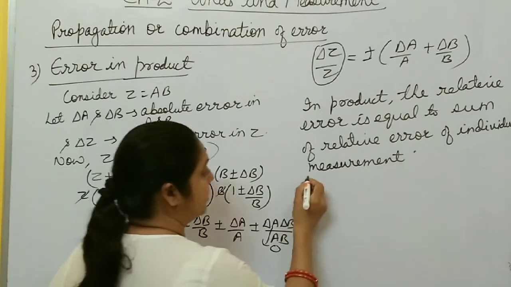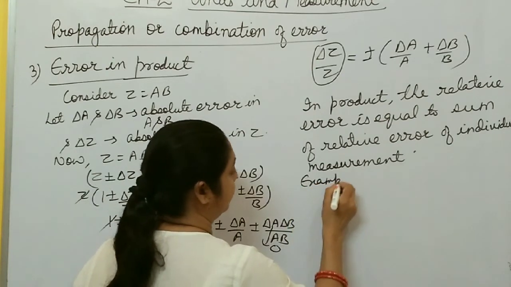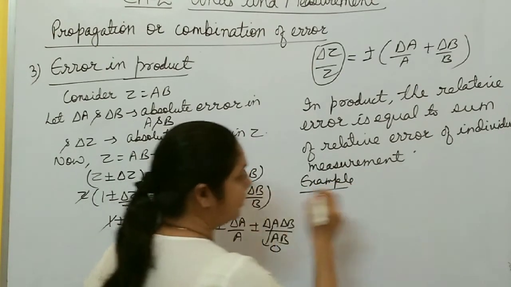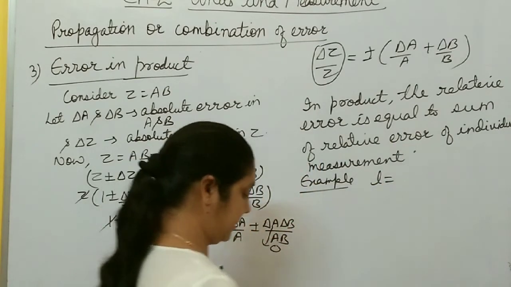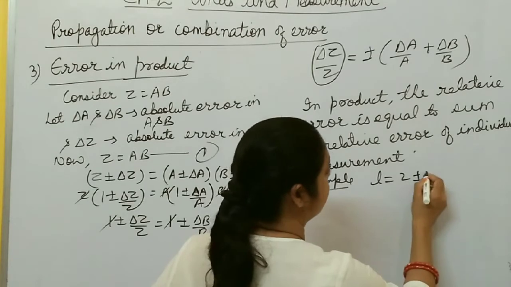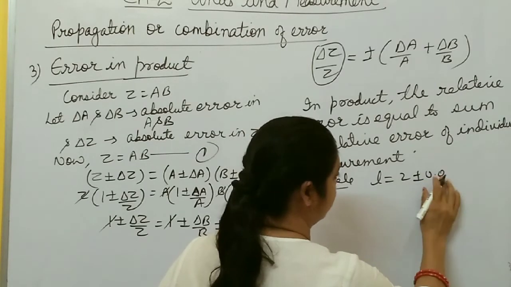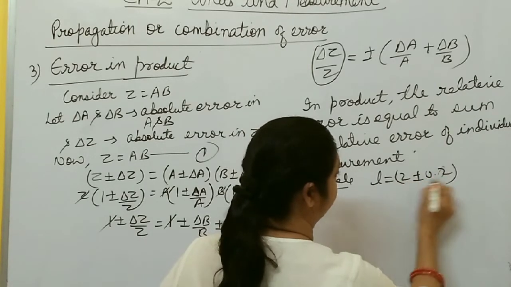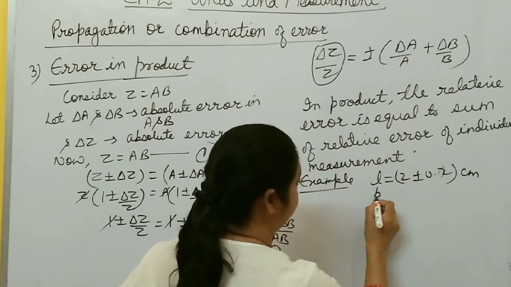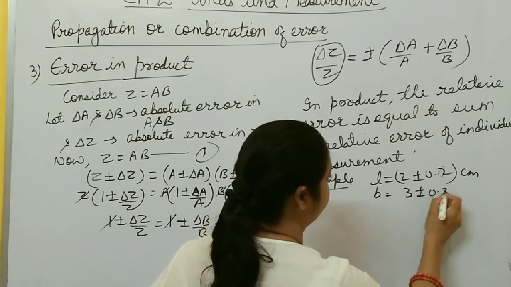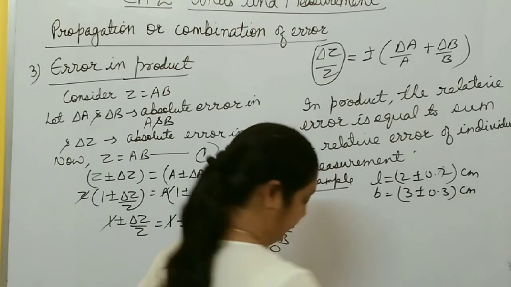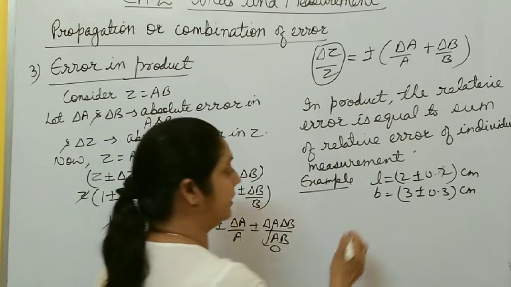Okay. Suppose one example. Let the measured value of length be 2 plus minus 0.2 centimeter, and the measured value of breadth is 3 plus minus 0.3 centimeter, right? Now you have to find the area.